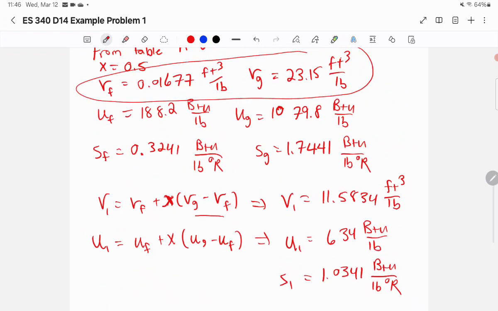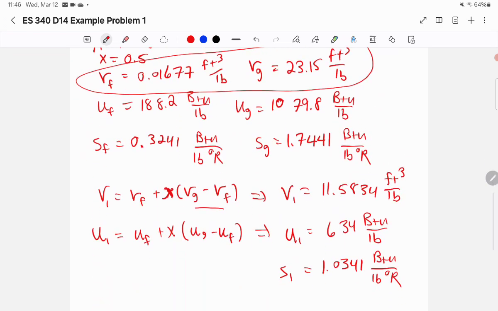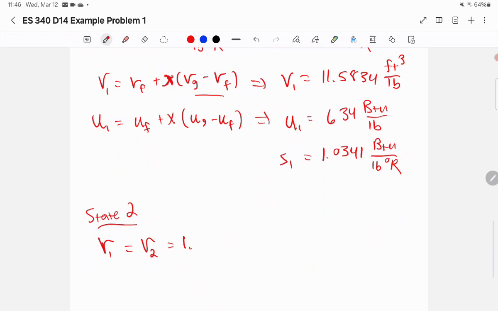And that was, we found it up here, V1, 11.5834 feet cubed per pound. We know that T2 is equal to 350 degrees Fahrenheit.